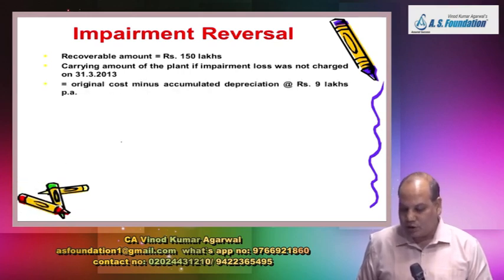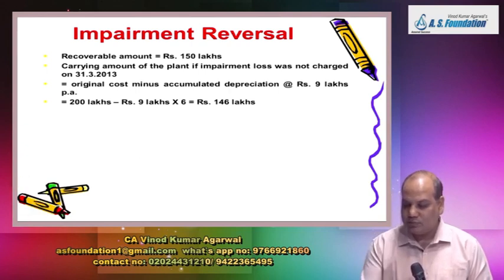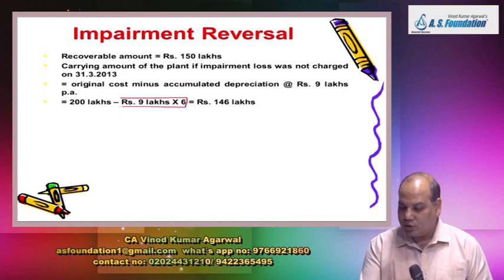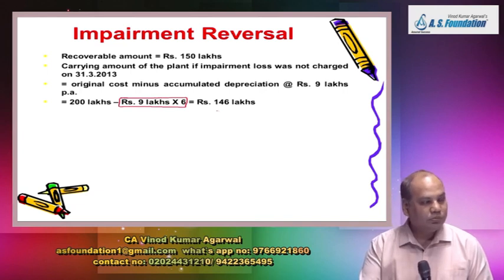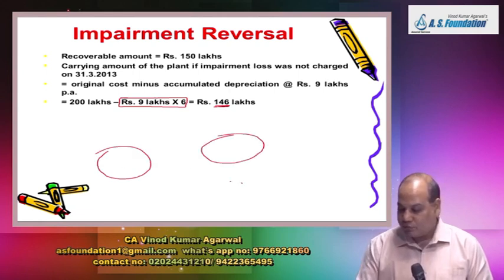So my carrying amount today would have been equal to 200 minus 9 into 6. 9 into 6 means for 6 years, this is depreciation we would have charged. So how much it comes to? Is it 146 lakh?